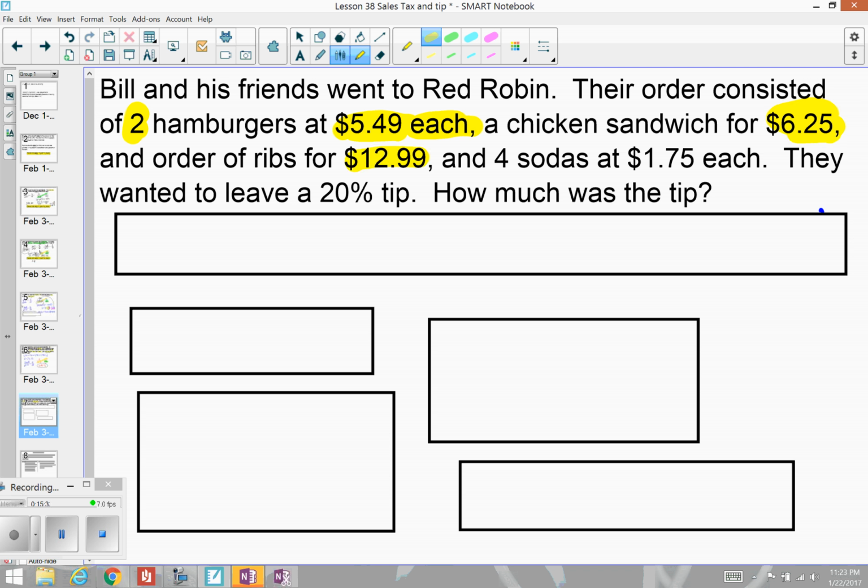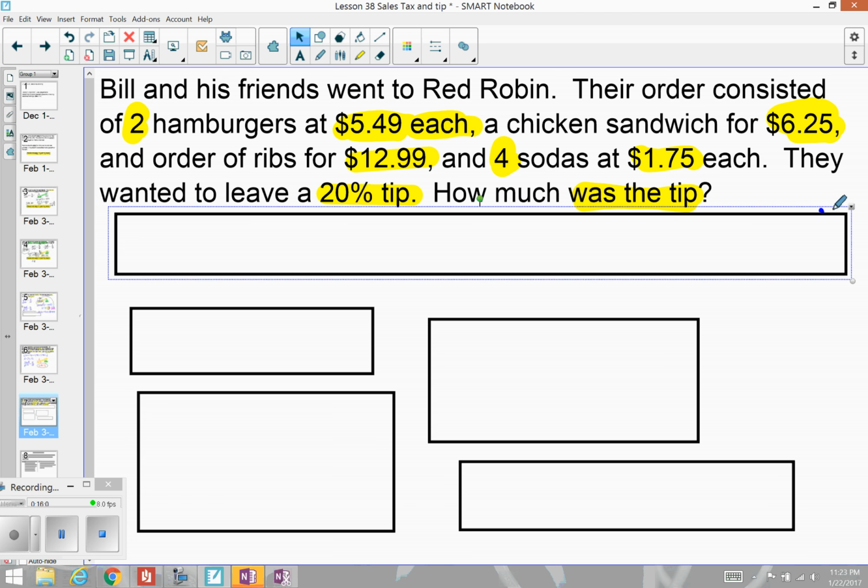We have another meal that costs $12.99, and then we have 4 calculations for soda, and the soda was $1.75. Excellent. And we also know that there's a 20% tip. Remember, tip we're going to add on. And this question is saying, just how much was the value of our tip? So, what shall we do first?